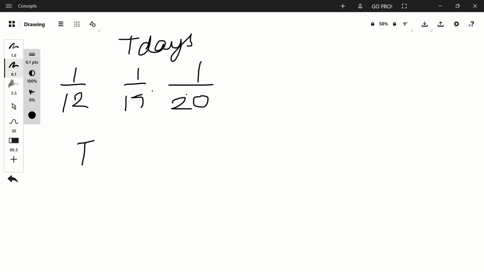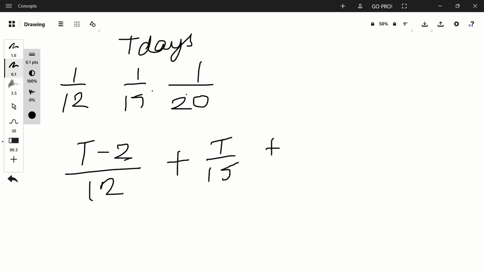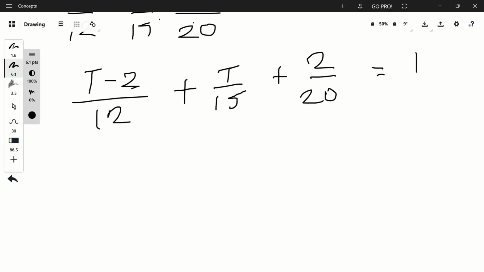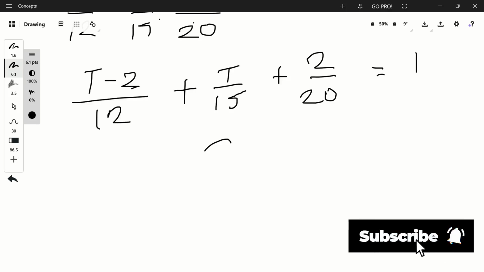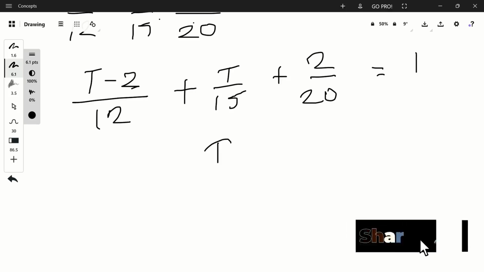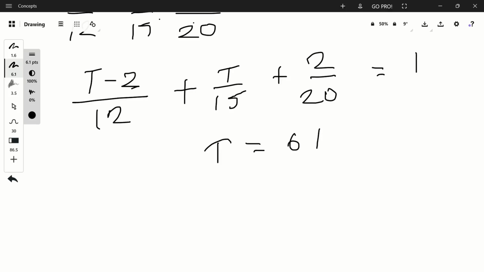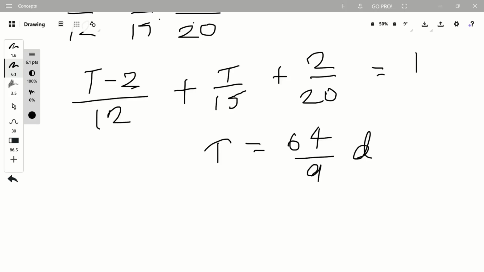That is, T minus 2 upon 12 plus T upon 15 plus 2 upon 20 is equal to 1. Solving for T, T is equal to 64 by 9 days.